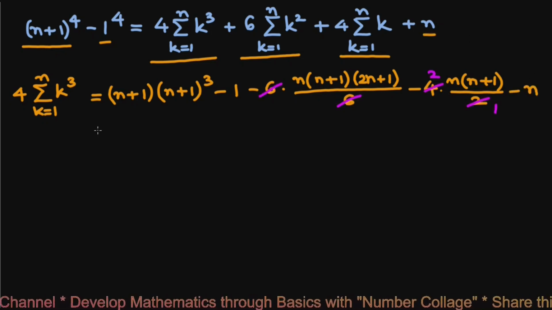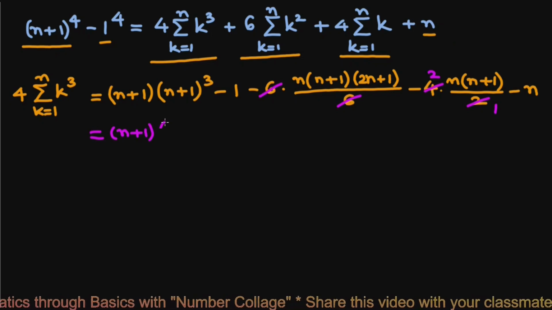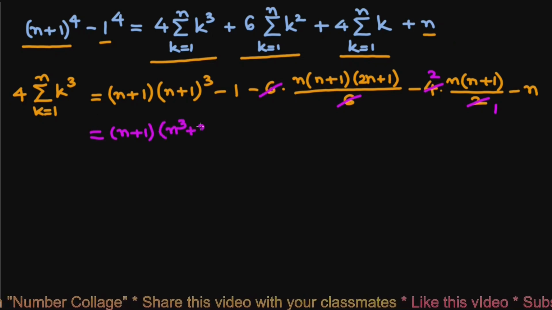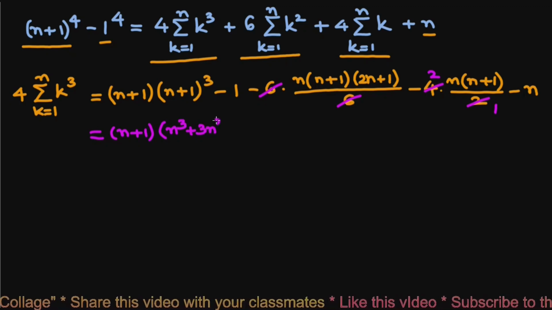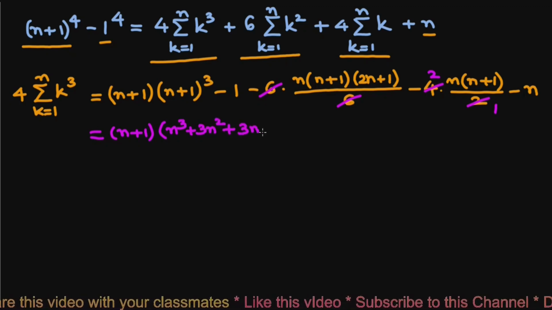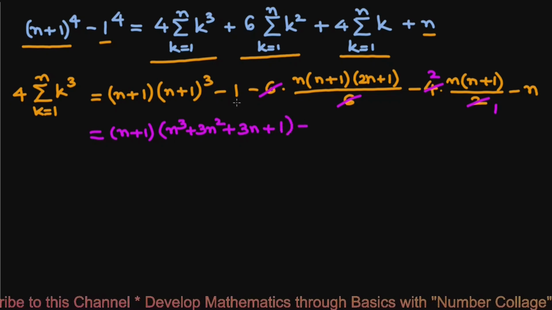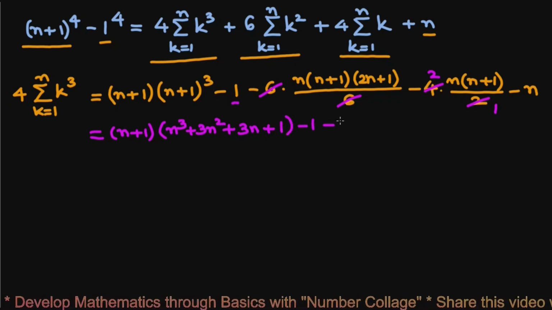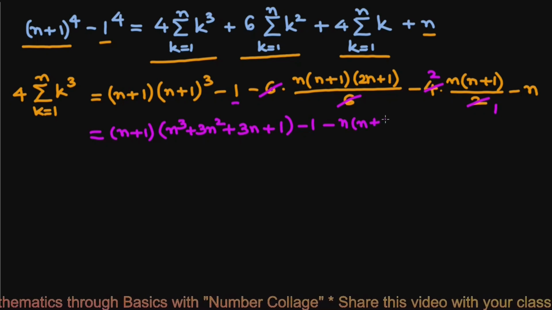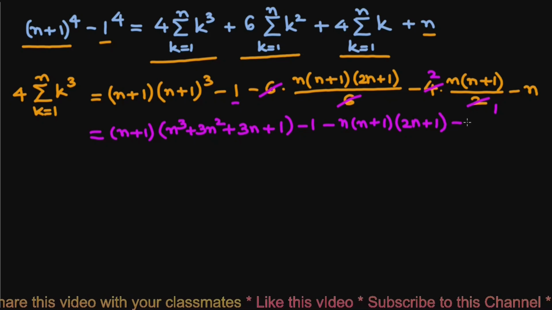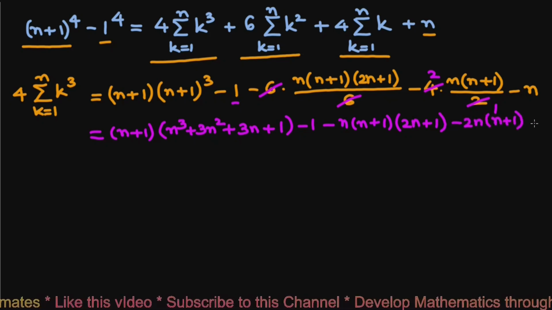This we write as (n+1), expanding (n+1) whole cube, we write n cube plus 3n square into 1 plus 3n into 1 square plus 1 cube, that will be 1, minus this 1, minus this n into (n+1) into (2n+1), minus this 2n into (n+1), minus n.